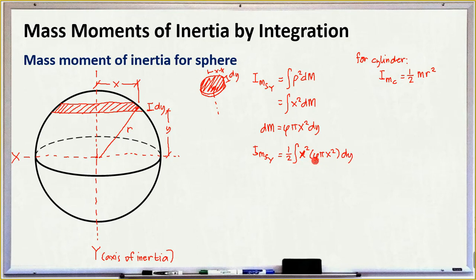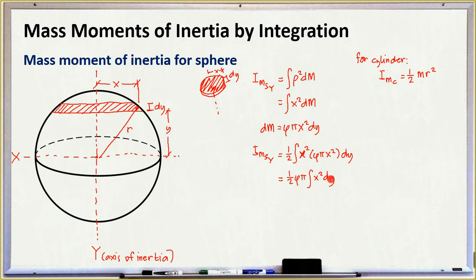Now, density and pi are constants, so we can extract those out. So we have 1/2 density pi integral of x squared dy. Again, to know the limits of integration, you look at the differential coefficient.